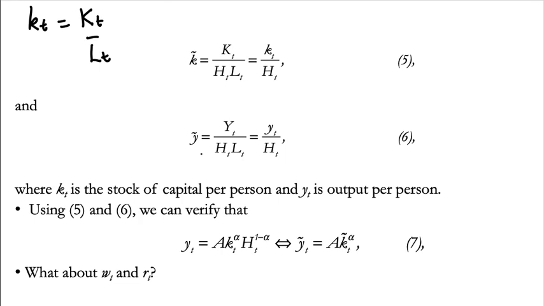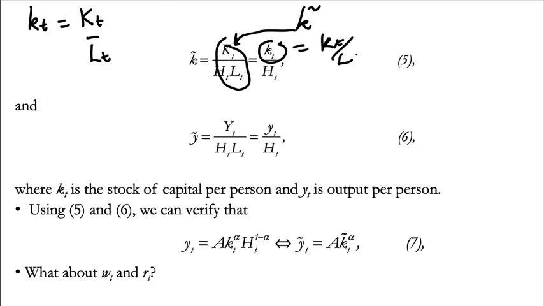So how to get this? We have k_t equivalent to capital K_t over L_t. In order to derive k tilde, we have k tilde equivalent to this. Then what about this? This is actually k_t over L_t, isn't it?